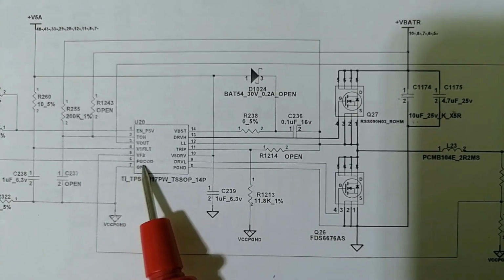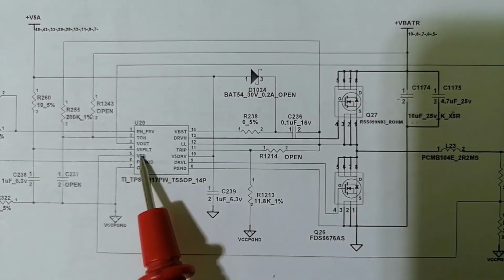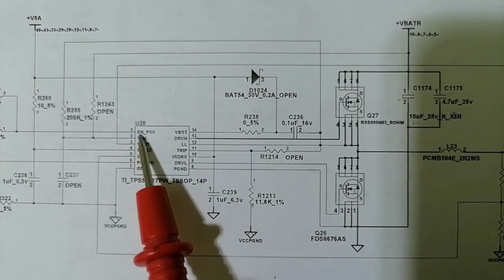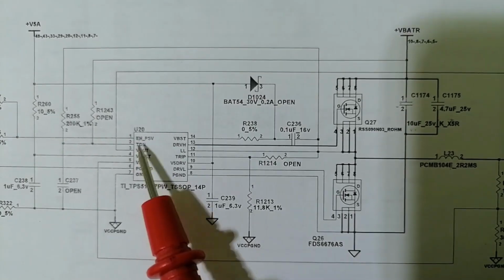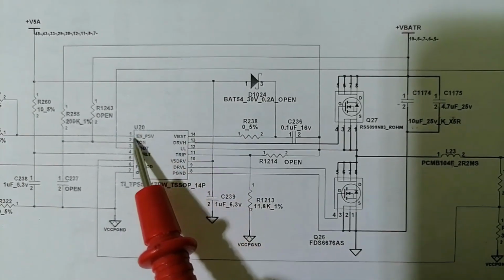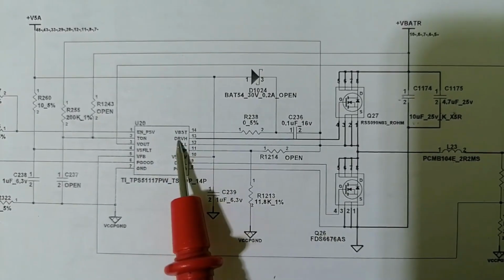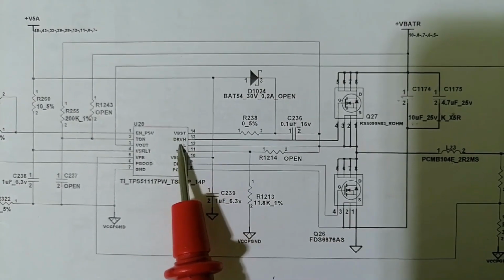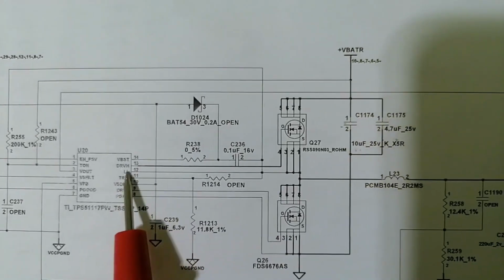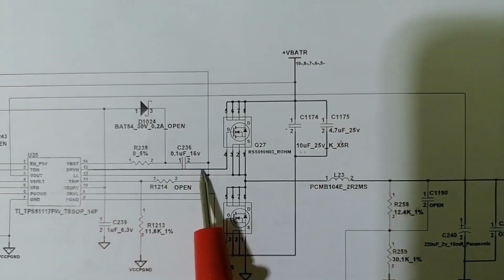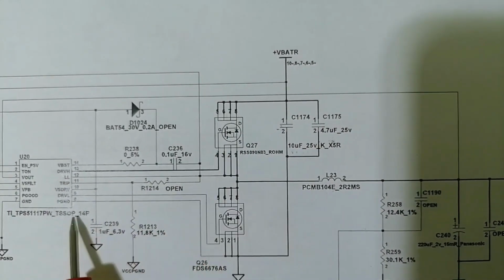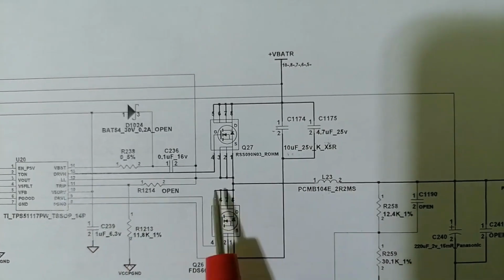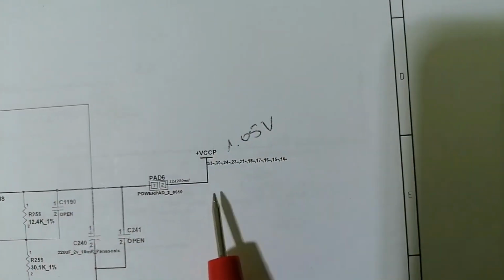We should also receive power good, so the IC should receive power good. And also, as you can see here, EN means enable signal. Once the IC receives the input signals, it will generate the drive signals to these two MOSFETs: a drive high signal to this MOSFET and a drive low signal to this MOSFET, and then we will get the plus VCCP V out over here.